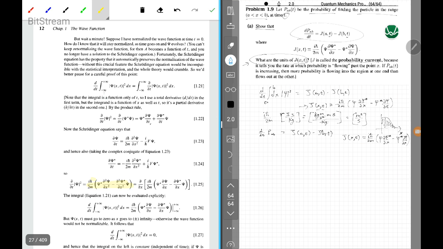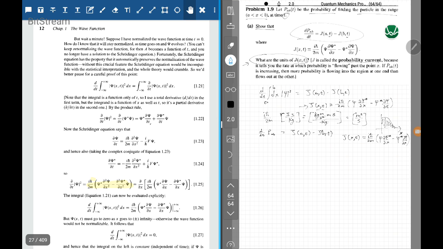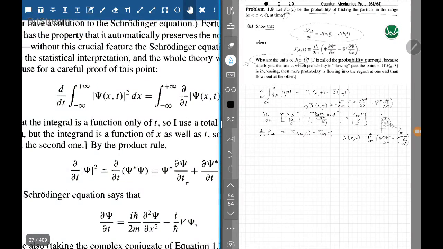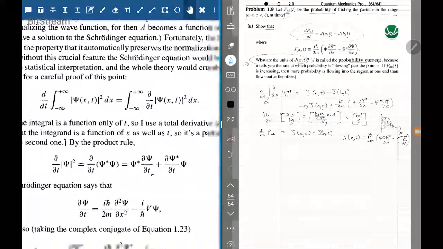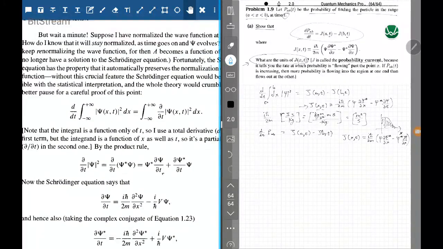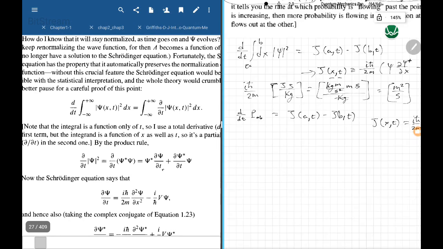What I'm doing to prove that this is true is following the exact steps that we followed to show that if we integrate the probability density function with respect to x, it does not depend on the time at which we do that normalization, which is the reason we were doing it before. So we just go through the exact same steps here that they have there.